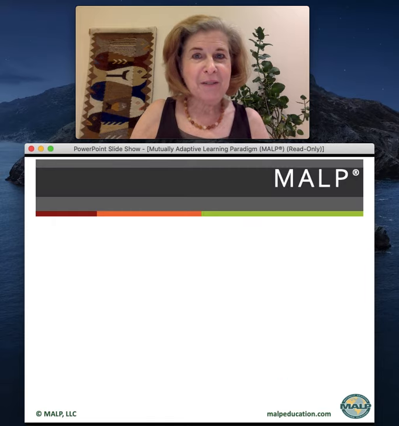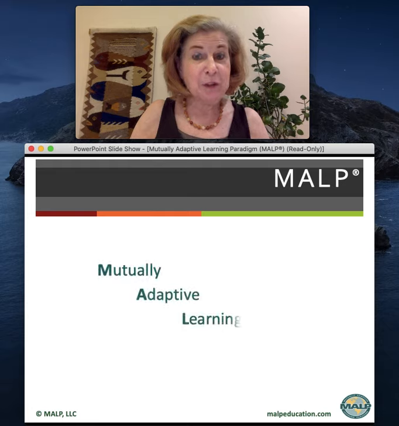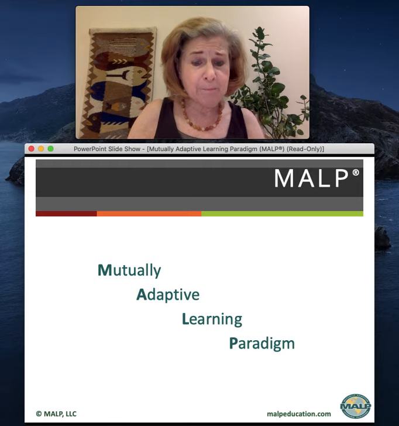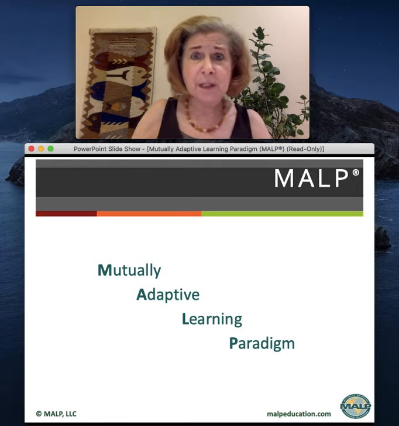So now, if we're going to look at MALP, what is it? It is the mutually adaptive learning paradigm. So we see the word paradigm there. Now think about paradigm. It probably means there's going to be a shift. And do you recall the quote from Darwin?